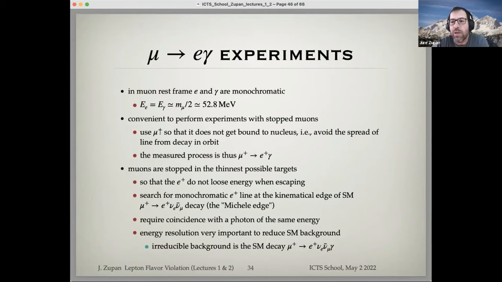It's a muonic ion, so the muon is not stopped if it's found in orbit with the nucleus. And this would spread the energy of the outgoing electron and photon. So you don't want that. Therefore, what's being used are the mu plus. So the measured process is really mu plus goes to e plus, so the positron, and a photon.